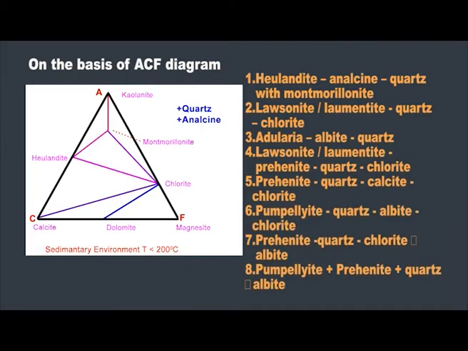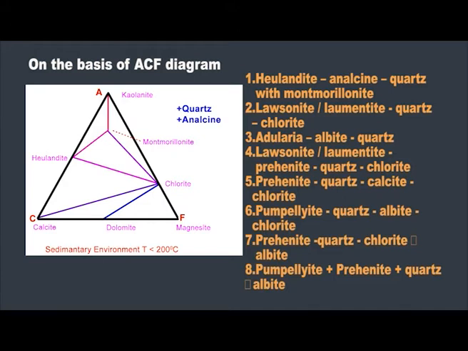The assemblages of the metavolcanics, volcanic sands and metagraywackes are as follows, on the basis of ACF diagram. First, heulandite, analcine, quartz with montmorillonite. Second, lawsonite or laumontite, quartz, chlorite. Third, adularia, albite, quartz.